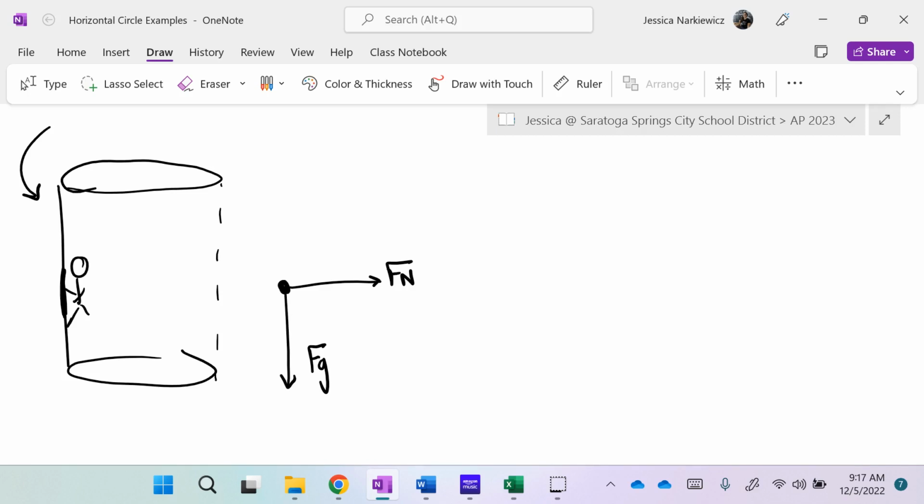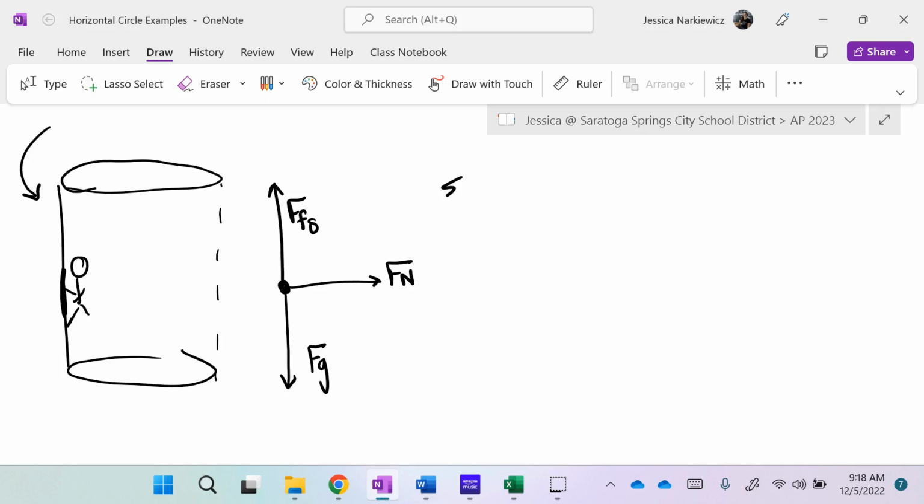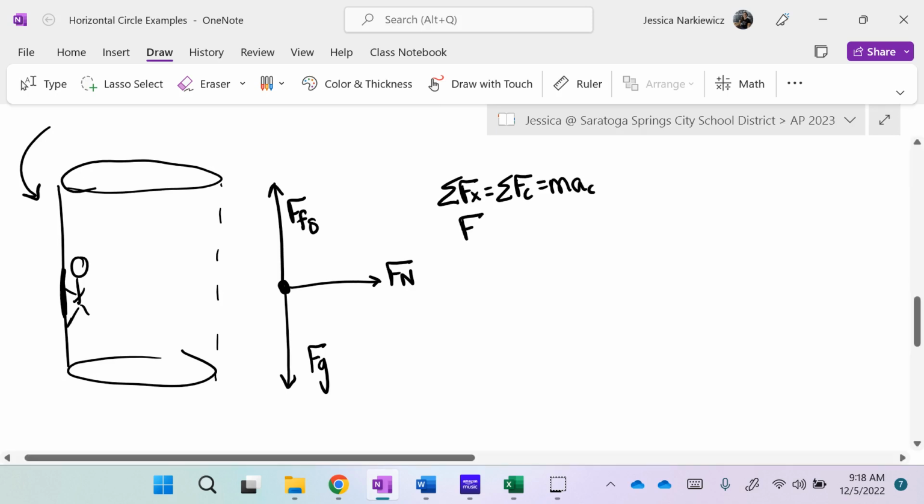And there has to be something keeping us from sliding down the wall. And hopefully you are thinking in your head that that must be a friction force. And since we are at rest relative to the wall, it's going to be a static friction force. So here, our net force in the x direction is that centripetal force. And that centripetal force is caused by a normal force.